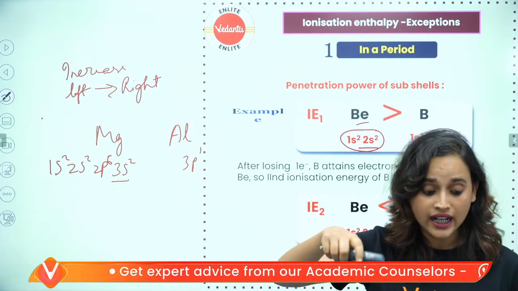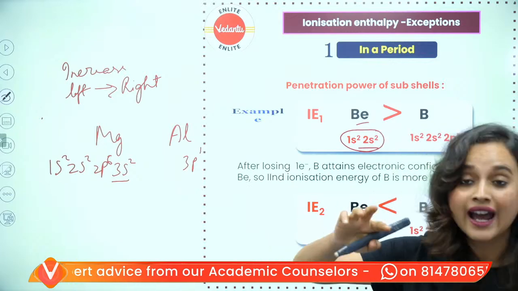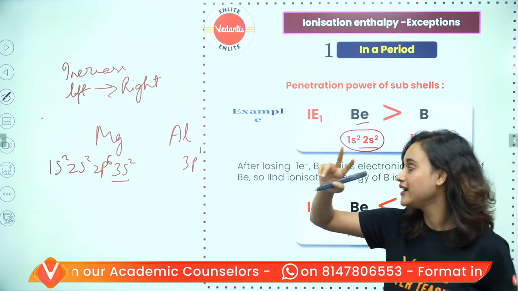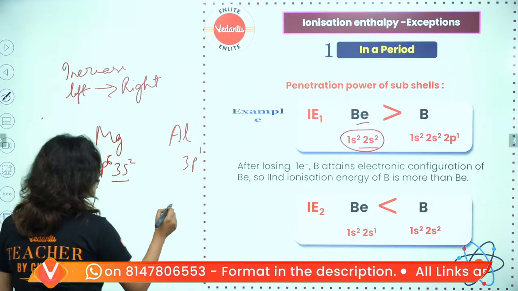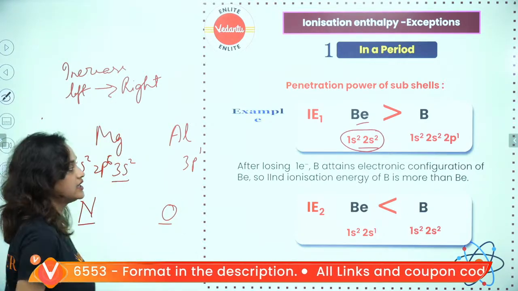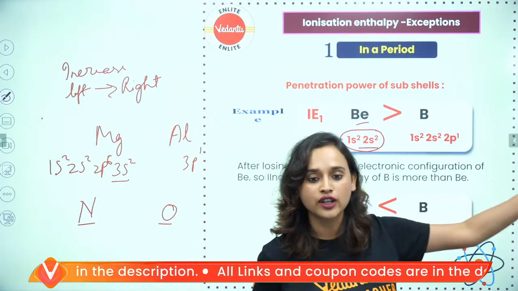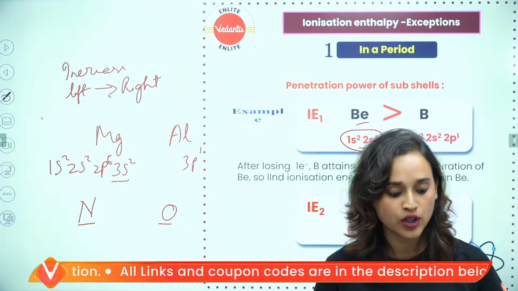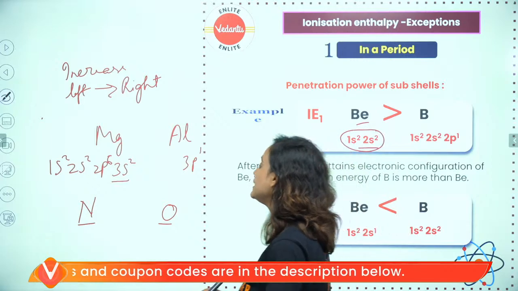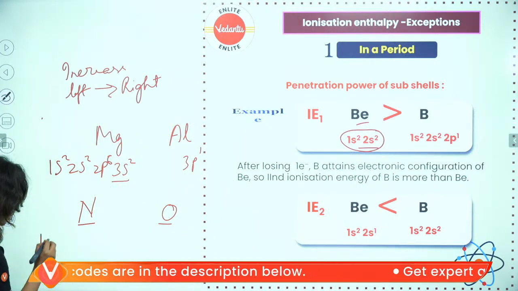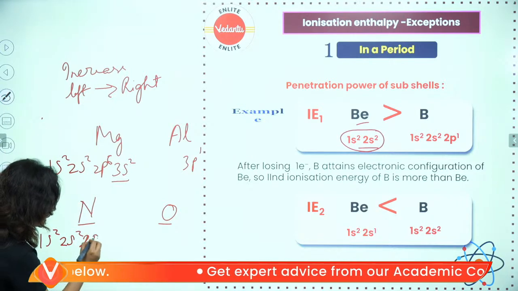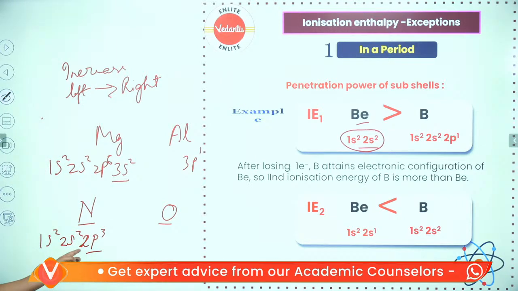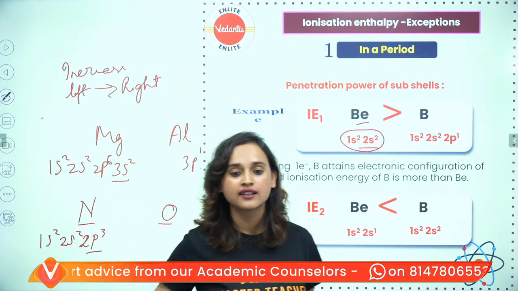Now, another thing that you see is again nitrogen and oxygen. Nitrogen and oxygen also show the same thing. In the case of nitrogen, what do you have? 1s2, 2s2, 2p3. See, this is half filled.